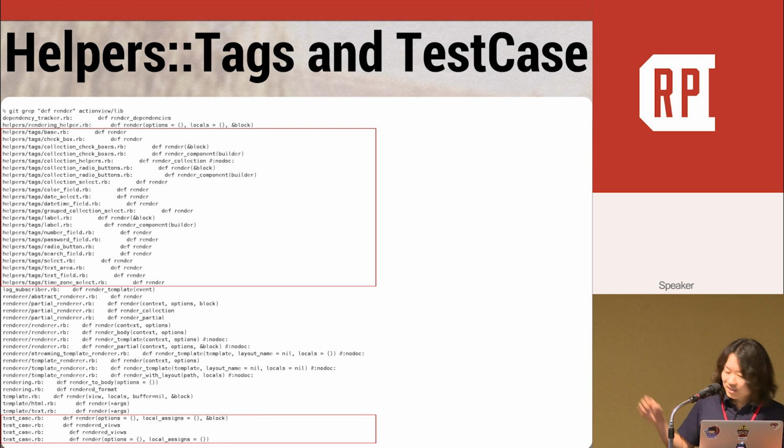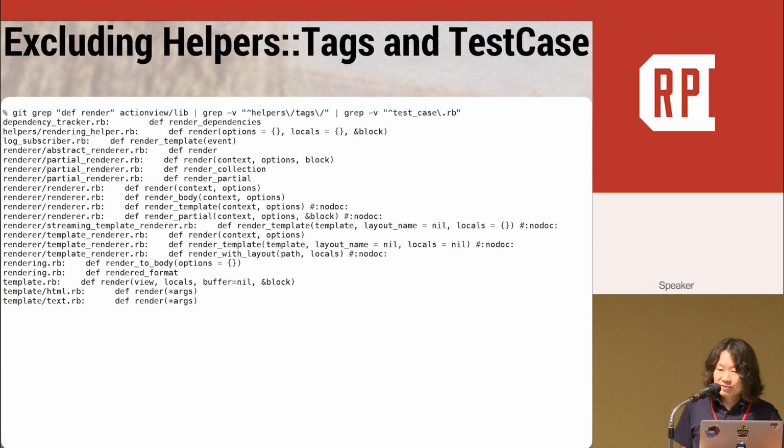But by looking closer, you find that these ones are actually defined in the helper tags, and these ones down there are used for some test helpers. So let's cut them off. The rest will be like this.